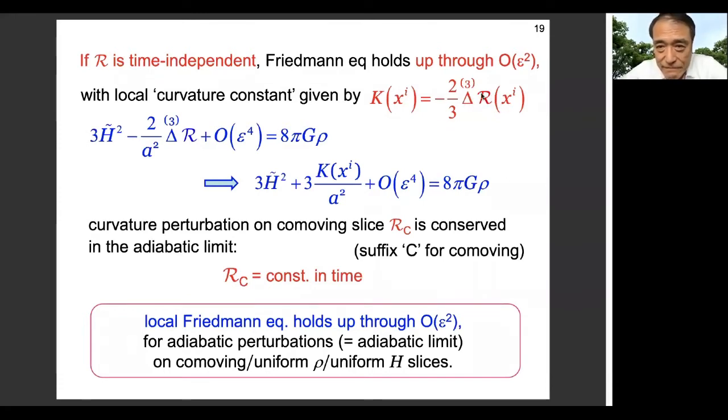Yes. Okay. So this tells you that, since the Laplacian is already very small, even if you want to include those small corrections, you can still have a Friedmann equation. That's the case when the curly R becomes time independent. The so-called comoving slice, or as I said, comoving or uniform density or uniform Hubble slice, either is okay.